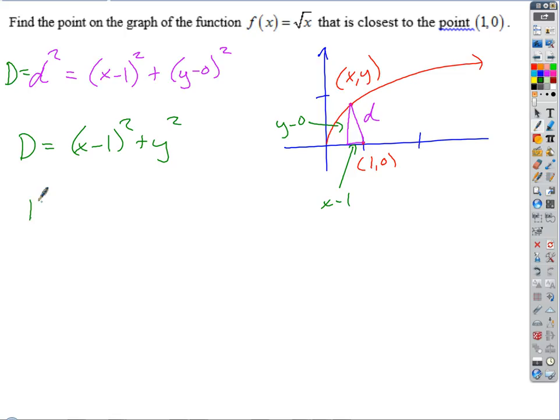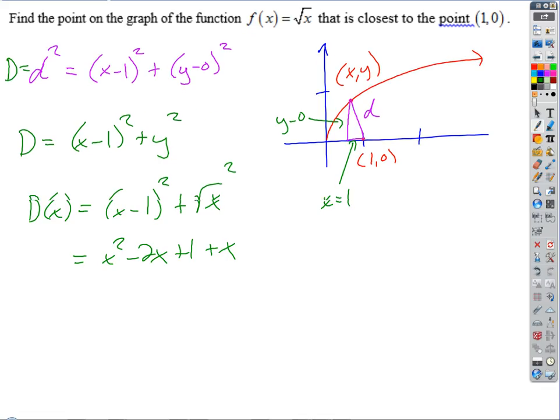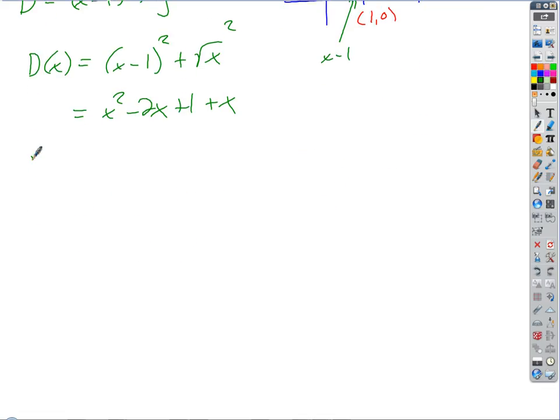So then we end up with D of x equals x minus 1 squared plus the square root of x squared, which is x. So we end up with x squared minus 2x plus 1 plus x, right? And so we end up with D of x equals x squared minus x plus 1.